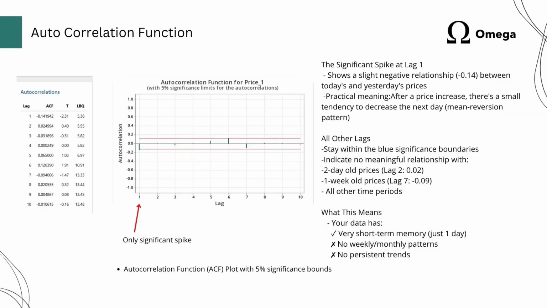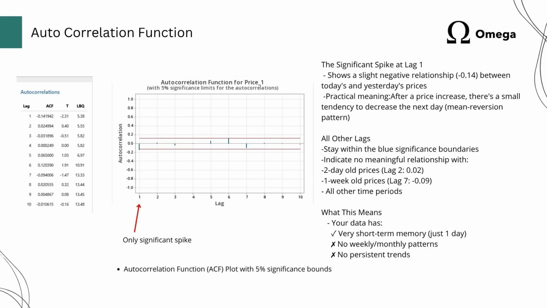Autocorrelation functions. Let's look at the autocorrelation function, or ACF. This tool measures how current values of a time series relate to their past value. In other words, whether today's value is influenced by previous day. On the left is the autocorrelation plot for the price variable.